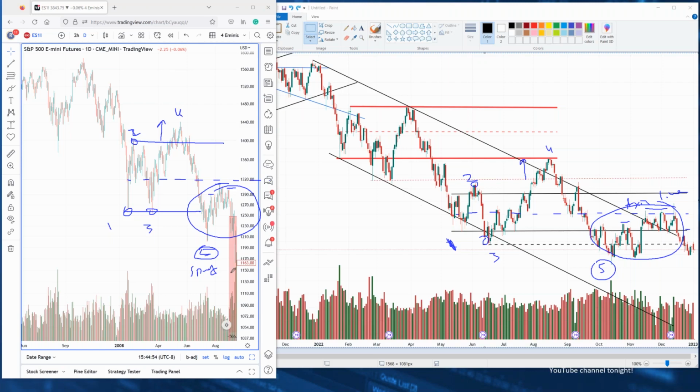Now, in both cases, we still have that big conclusive drop into the actual terminal selling climax, into the actual low. And in both cases, the characteristics of this drop are the same. I mean, the velocity of it differs a little bit.